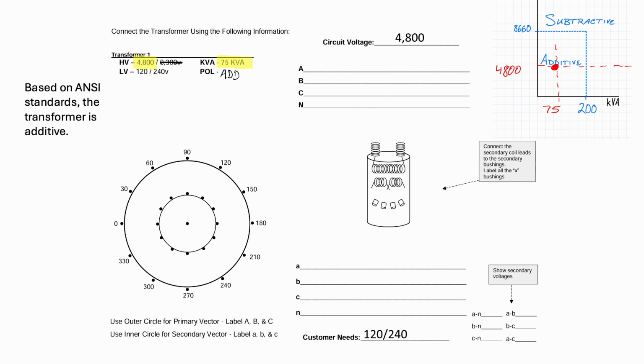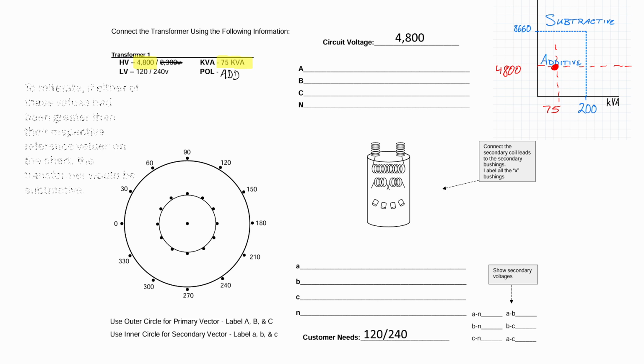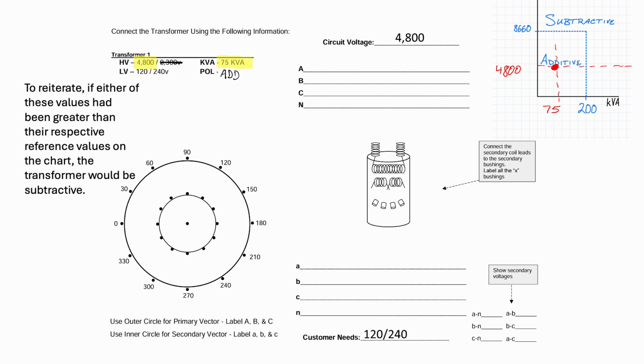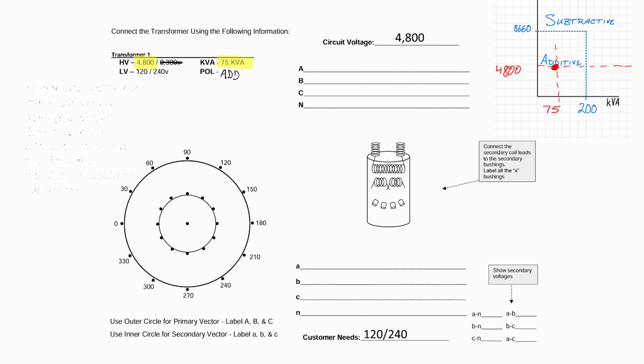Based on ANSI standards, the transformer is additive. So to reiterate, if either of these values had been greater than the respective reference values on the chart, the transformer would be subtractive. Now we can label the bushings of the transformer.